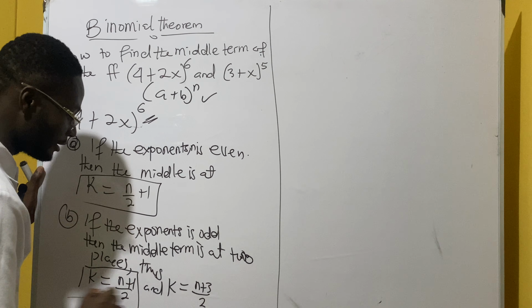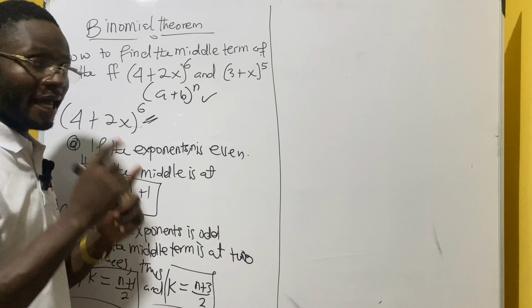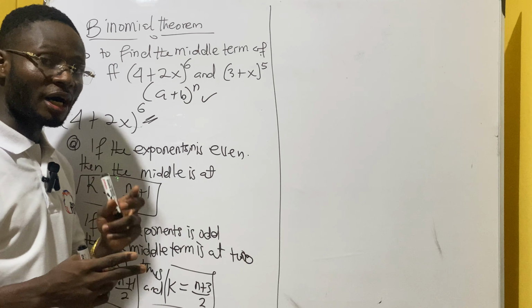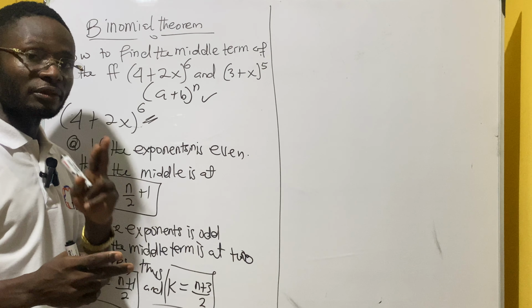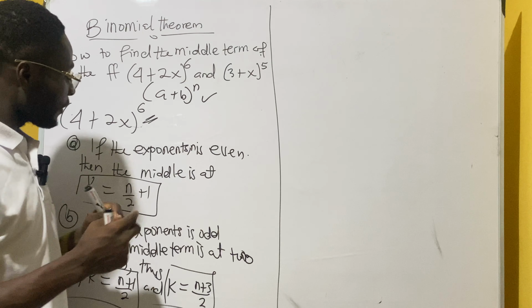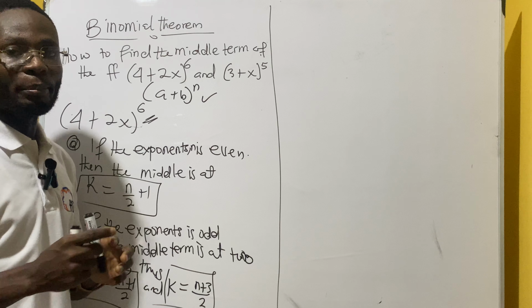So that is the position of the middle term if n is odd. If n is odd, you're going to have two middle terms. But if n is even, you're going to have only one middle term.